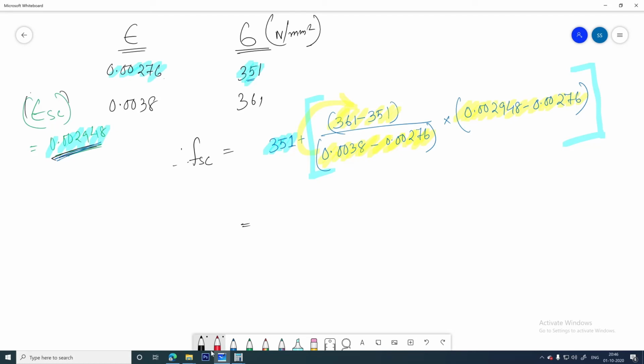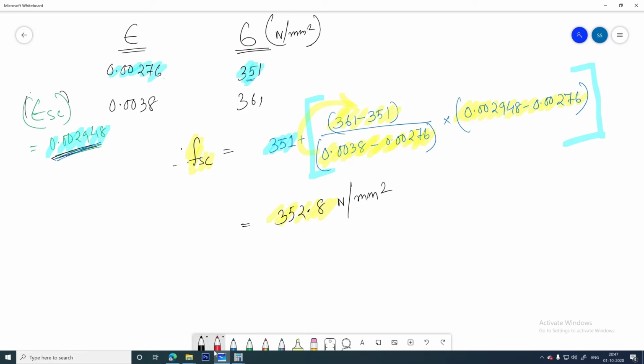If you can't remember this formula, you can see the previous lectures and get the interpolation formula. So finally after solving this one, you will get the value 352.8 Newton per millimeter square. So this is the final thing in this doubly reinforced beam section design to determine the value of the FSC, the stress of steel under compression.